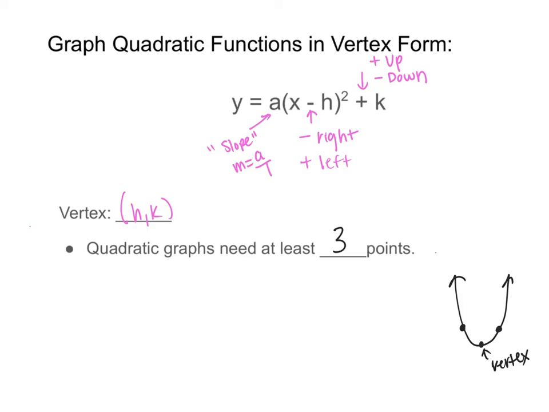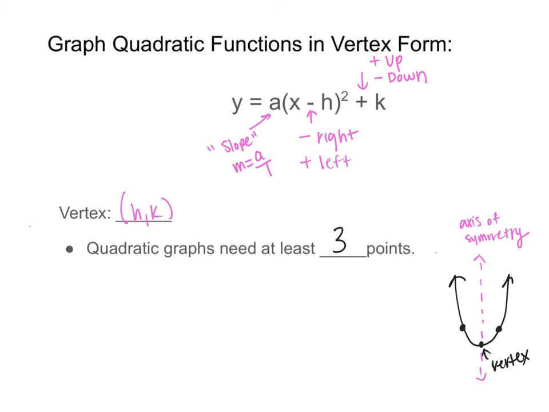In this case here, if this is the vertex, it's where it splits up in the middle. And we can split it up using something called the axis of symmetry. The axis of symmetry basically helps us mirror a point to the other side, so that way you can create the extra point. If you already have this point and you want to get your third point, you can reflect it over the axis of symmetry.